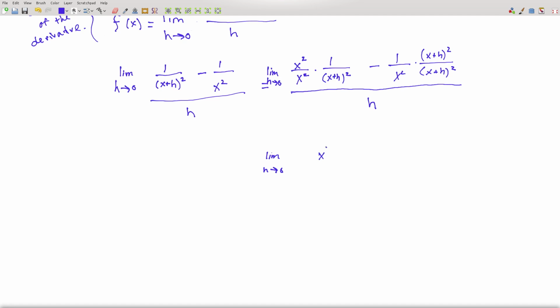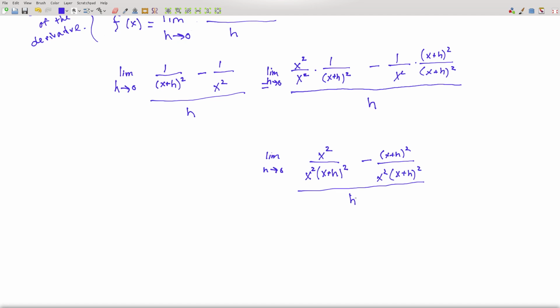So this is x squared over x squared times the quantity x plus h squared. And this is minus 1 times the quantity x plus h squared. So this is x plus h squared over x squared times the quantity x plus h squared. So far so good. All of this is over h.